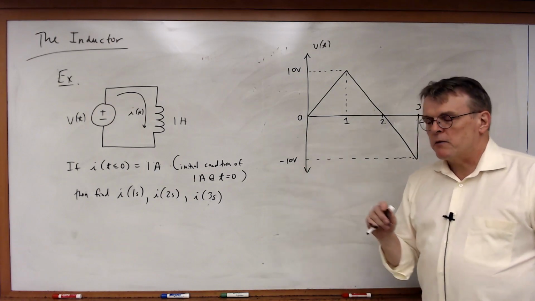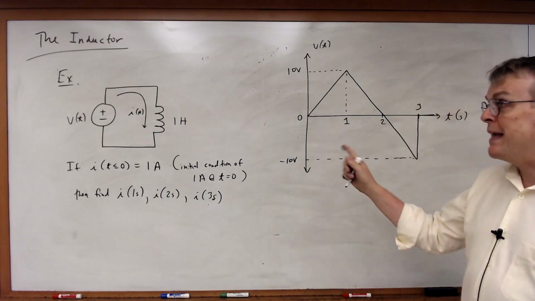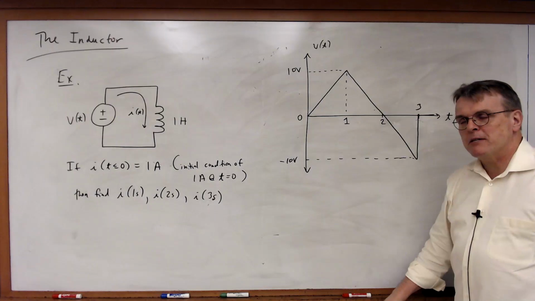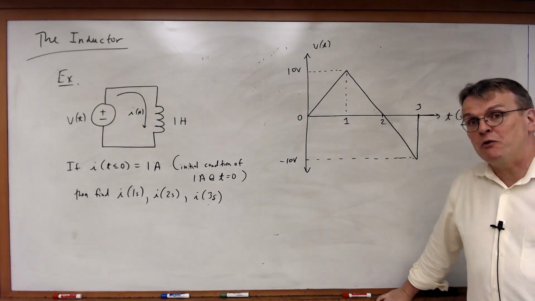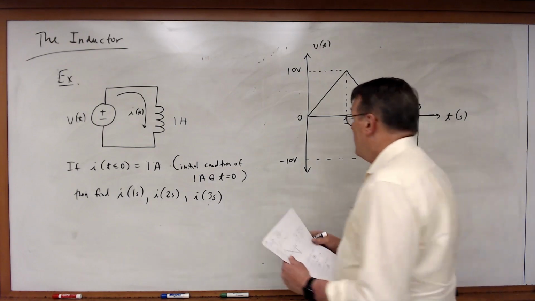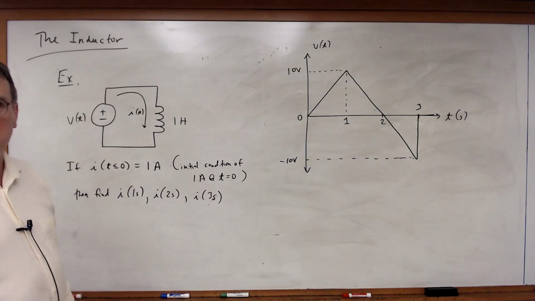Now you might look at that for a second and say, Dr. Holman, didn't you say we can't have discontinuities? We can't have a discontinuity in current for an inductor. Nothing prohibits us from having a discontinuity in voltage. That's perfectly fine. So if I want to go through and calculate this, I could do it the hard way or the easy way.